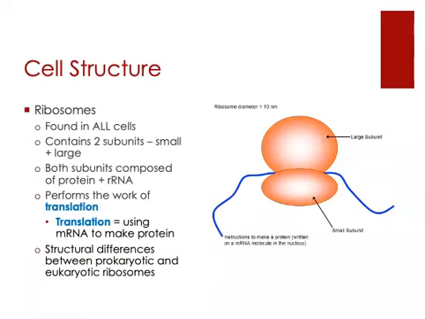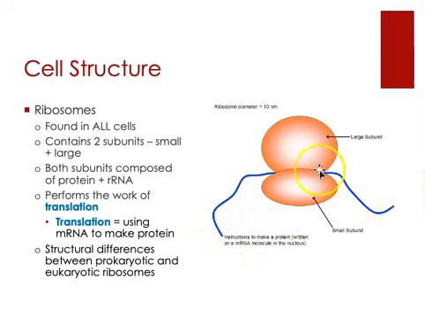The last two slides for this lecture are just a look at the ribosome. Remember we said all living cells contain ribosomes? I just want to introduce them today. There's a drawing over here of what a ribosome looks like, and this is actually pretty accurate. This blue line here represents a messenger RNA molecule.